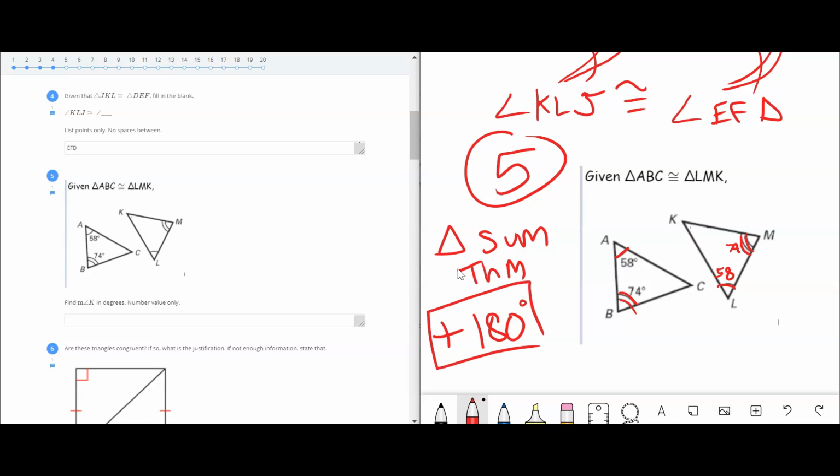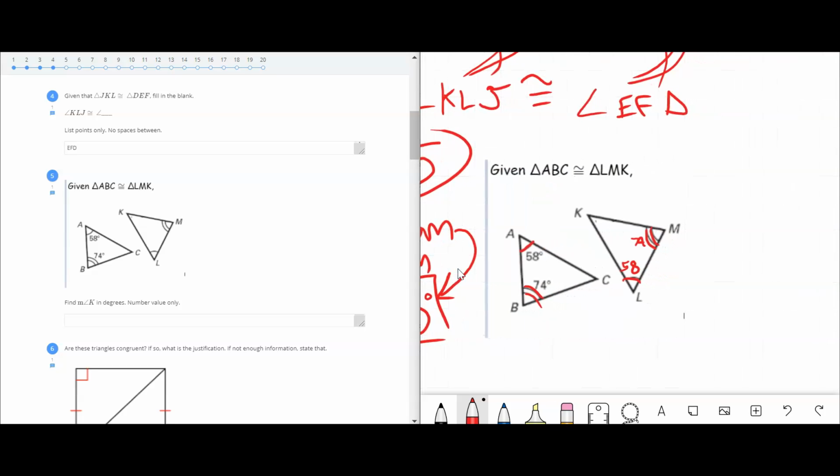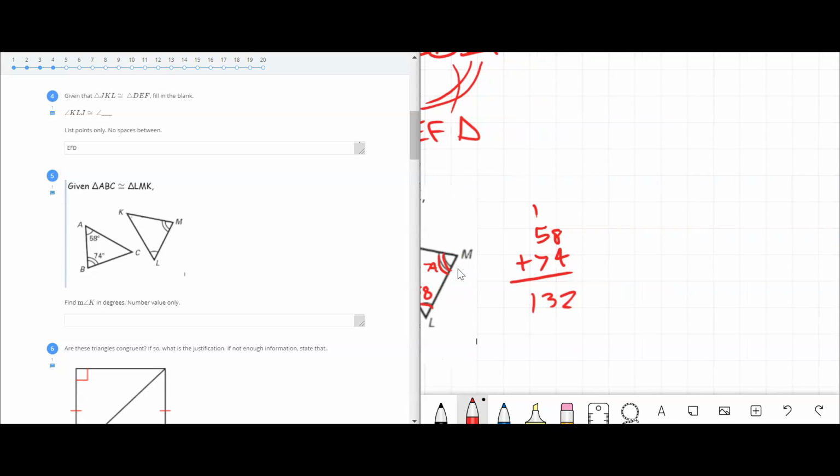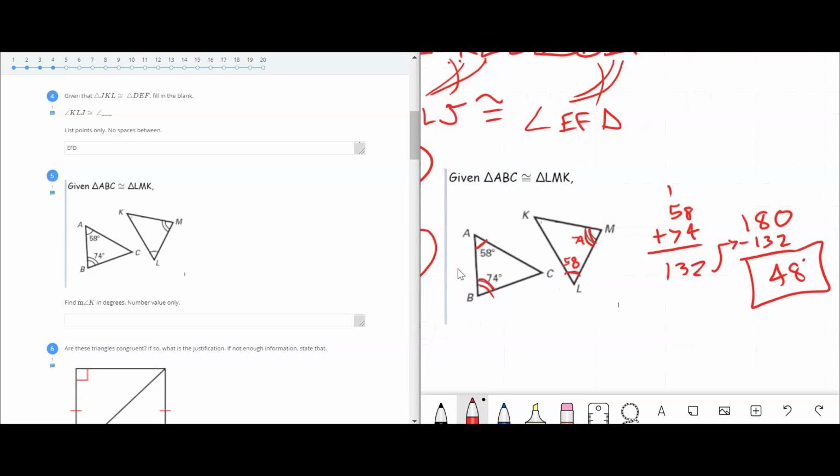If I know 2 of these angles, 58 and 74, I can add them up and take that number away from 180. I'm going to get 48 degrees. So the missing third angle is 48 degrees.